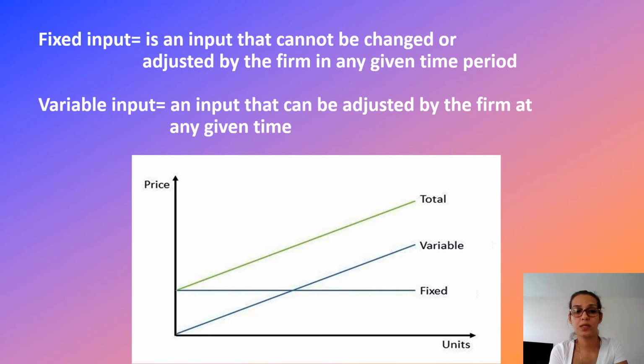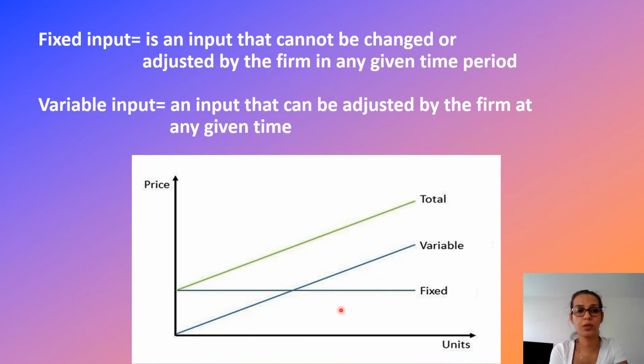A fixed input cannot be changed or adjusted by a firm at any given time, whereas a variable input is an input that can be adjusted by the firm at any given time. Remember that fixed inputs do not change in the short run, and they are represented by the straight line in the graph.